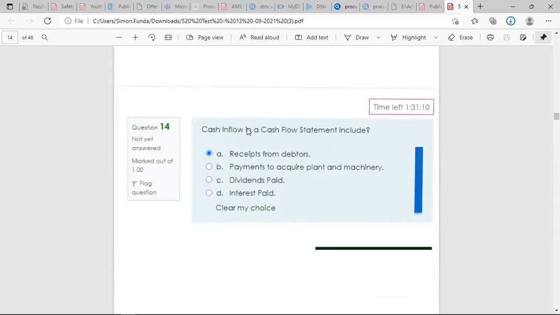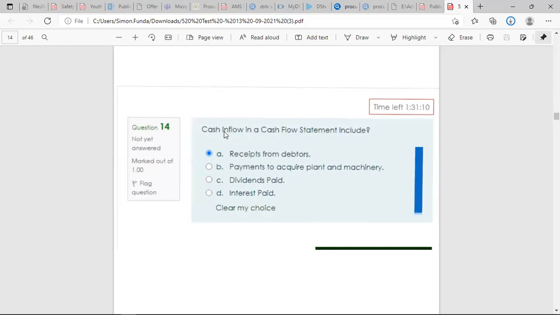Then, cash inflow in a cash flow statement includes... Okay, from the word cash inflow, there is cash outflow and cash inflow. The cash flow statement will have 2 headings: the cash receipts and the cash payments.